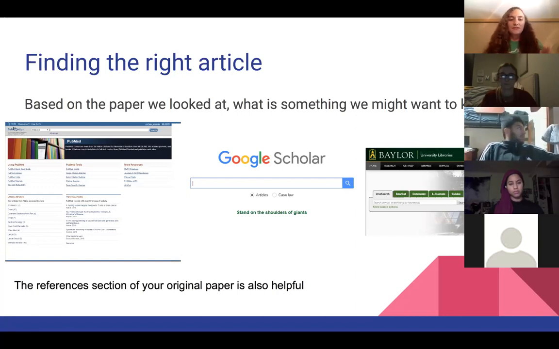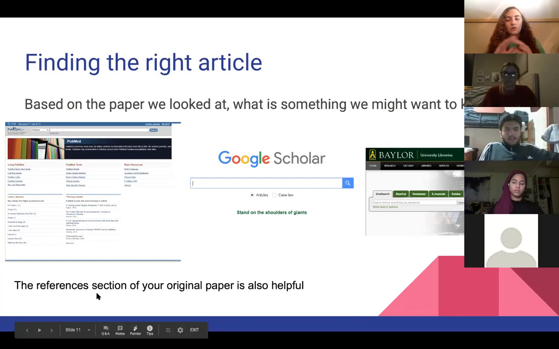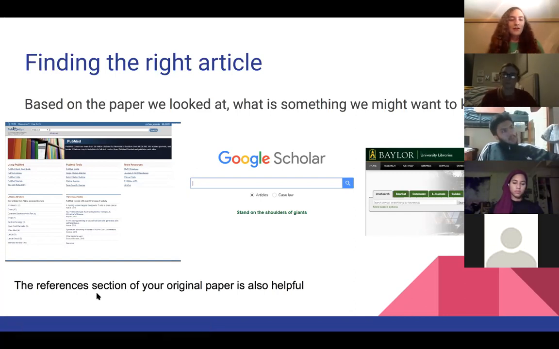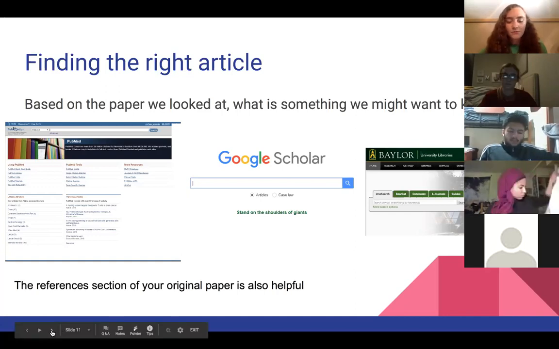If you find an article, you can go down to the reference section, where all the citations are, and maybe the article you're looking for will be down there. If there's one random sentence in the background that you'd like to learn more about, the citation at the bottom of the page will take you to the original paper. So that's really helpful.